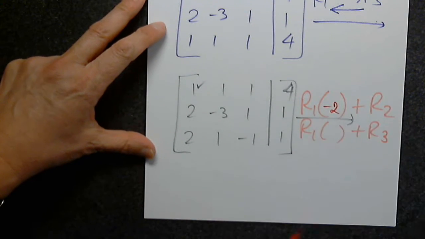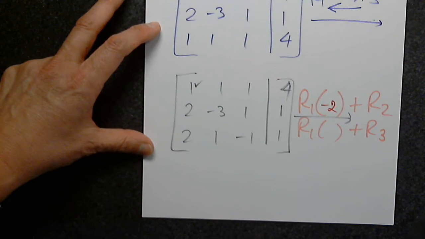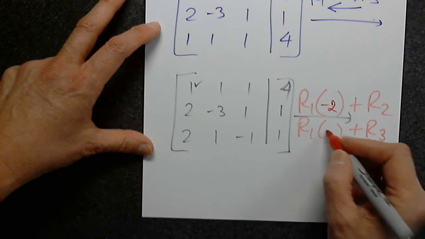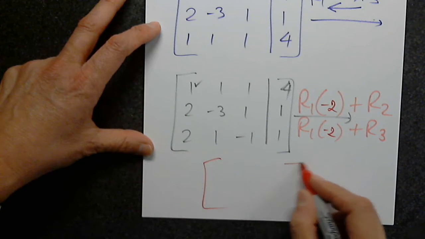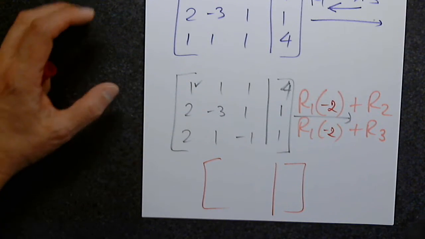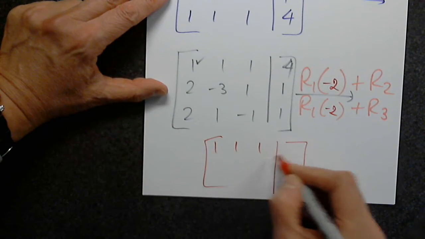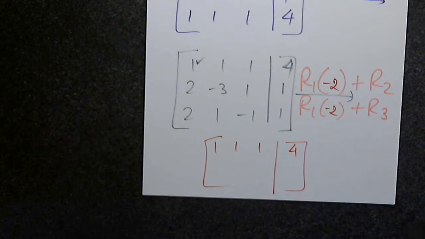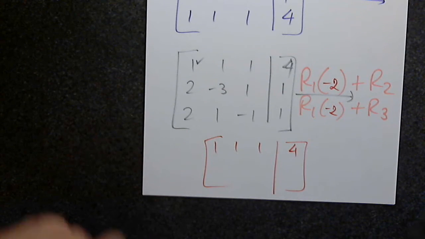Yes, negative 2. And for the other one? Indeed. Very good. Which row do I copy? I'm using it. It cannot change at the same time I'm using it. Right. 1, 1, 1, 4. I know, I repeat myself a lot, but you need that repetition. So then it will come in easy. Good.